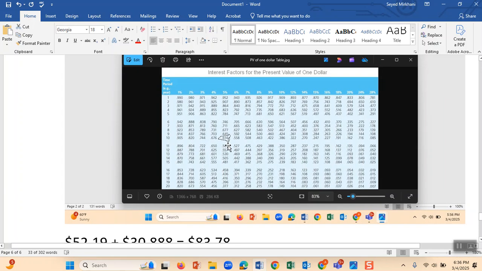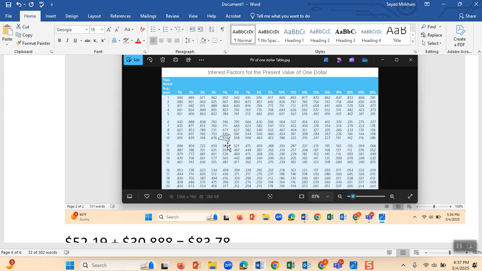If the person gives me $1 10 years from now, when the interest rates are 5%, then today's value of that money is 0.614. That's the value of $1 when 10 years from now. In today's money, the value of it is only 61 cents.